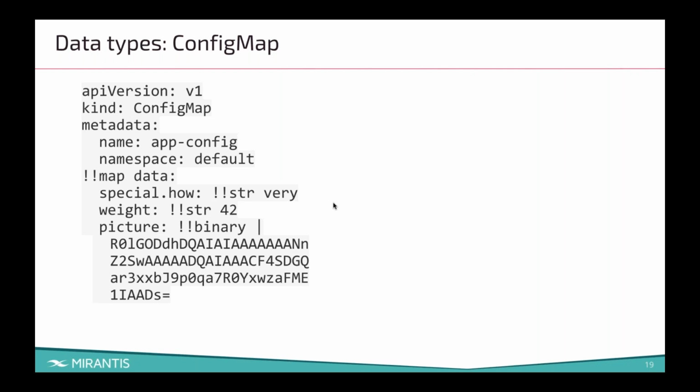However, there's a couple things to take note of. One, not every parser supports every data type. So while YAML may specify all these things, that doesn't mean they're actually available.